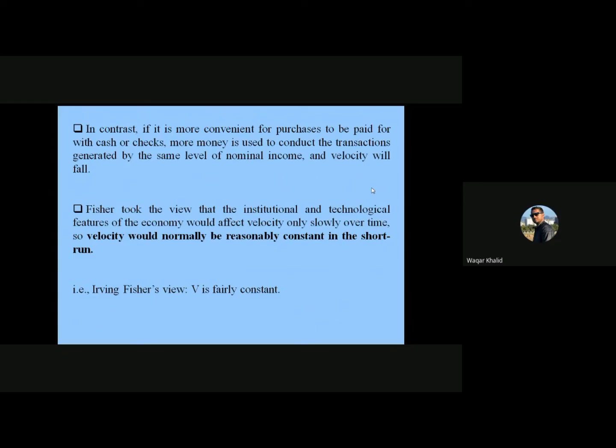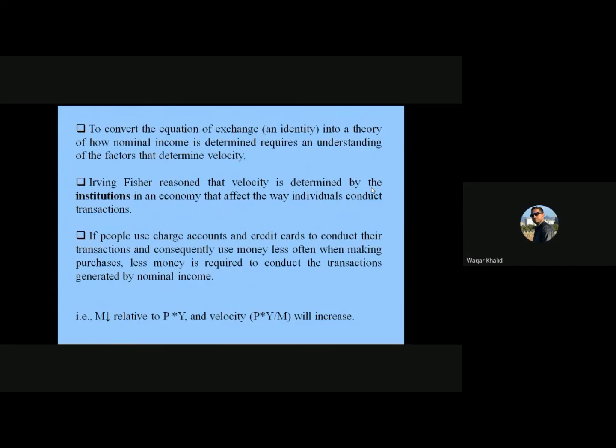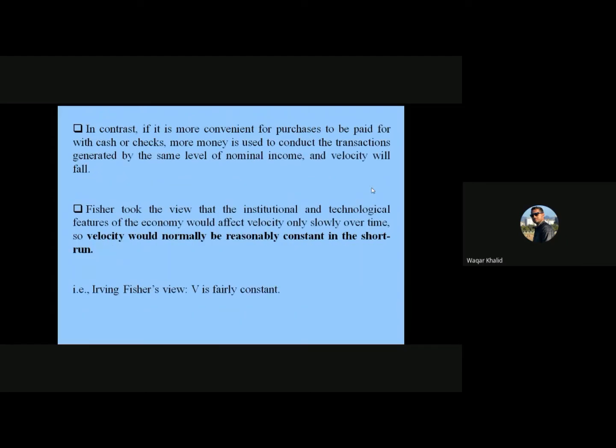So we can write V is equal to PY divided by M. If M increases, V will decrease. That's why we can say that the velocity will fall. Fisher took the view that the institutional and technological features of the economy would affect velocity only slowly over time. So velocity would normally be reasonably constant in the short run.